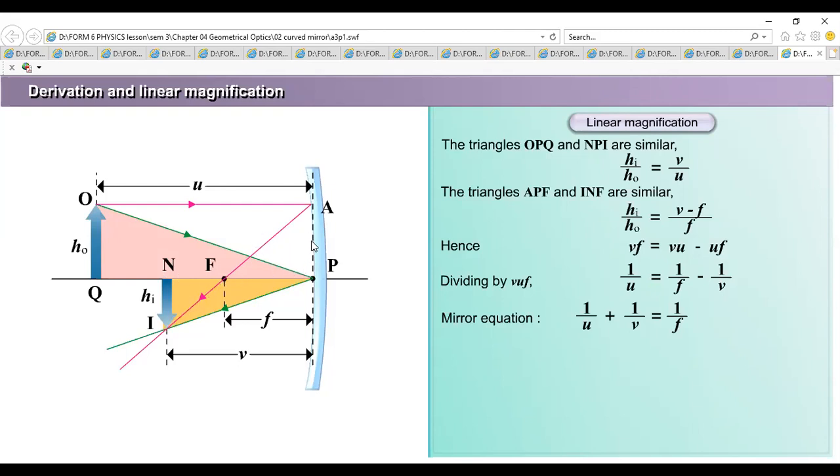These two triangles. Let's look at the two triangles, this part and this part.